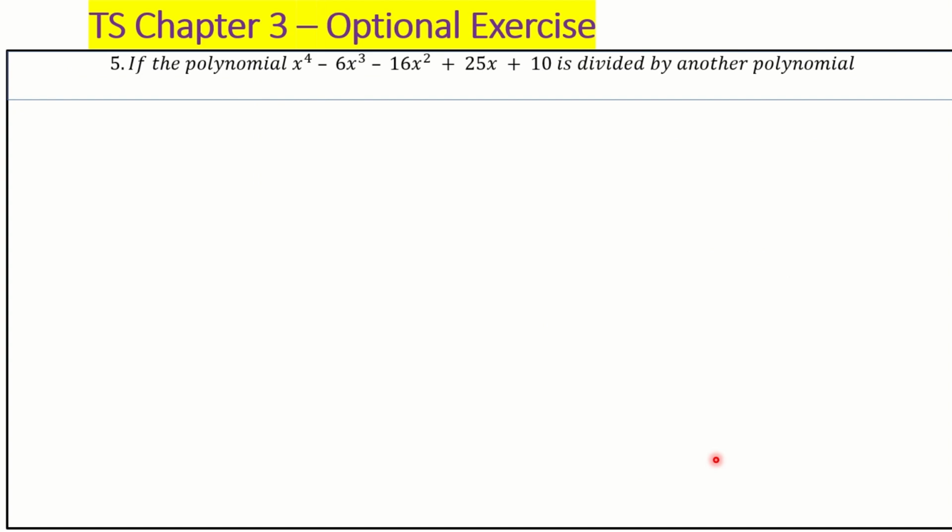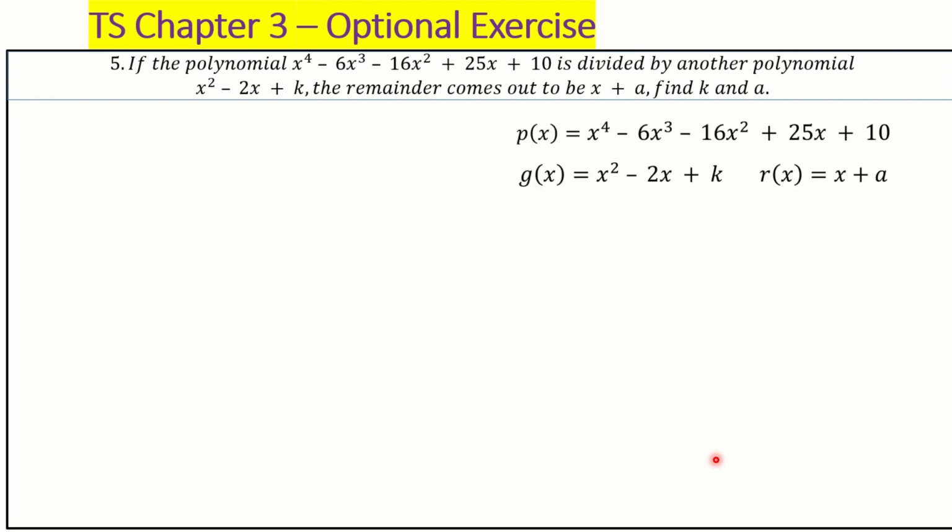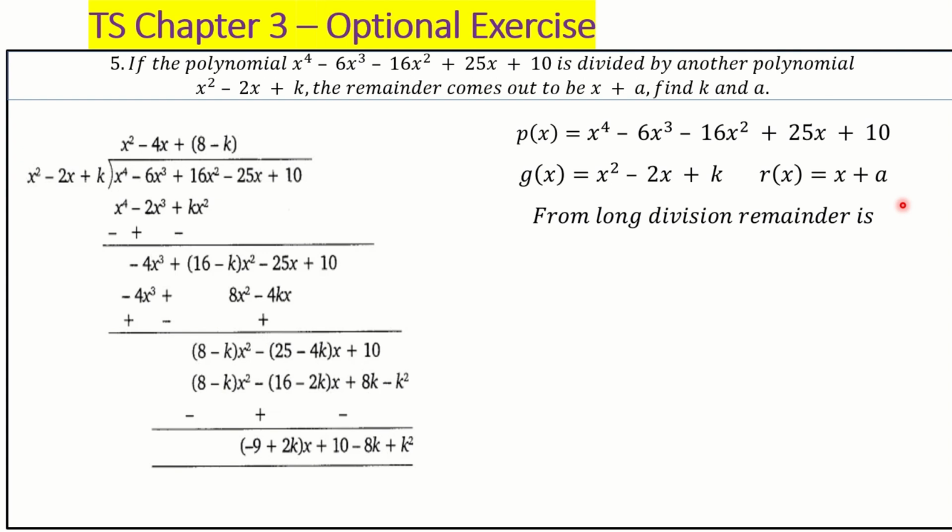If a polynomial is divided by another polynomial, x square minus 2x plus k, the remainder comes out to be x plus a, find k and a. So this is what p of x is given, g of x is given. In the g of x you have minus k, so this is important, and r of x has another constant a, x plus a. So just do a long division.